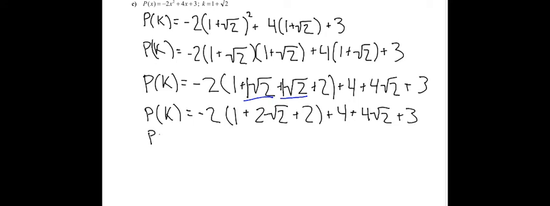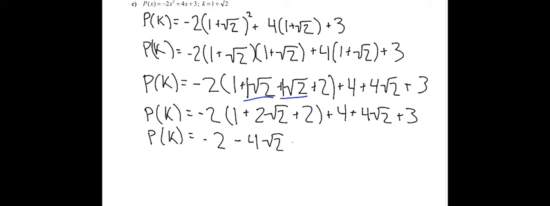and then again P of k is equal to, and now we can put the negative 2 into our brackets. So we will have negative 2, and then negative 2 times 2 root 2 is minus 4 root 2.